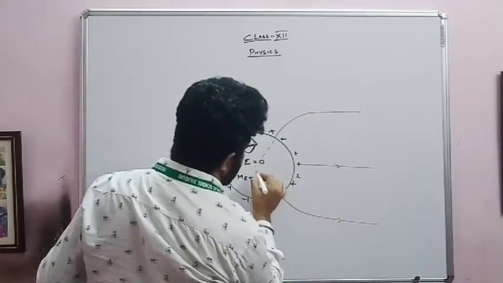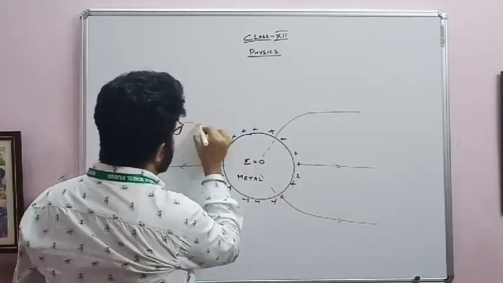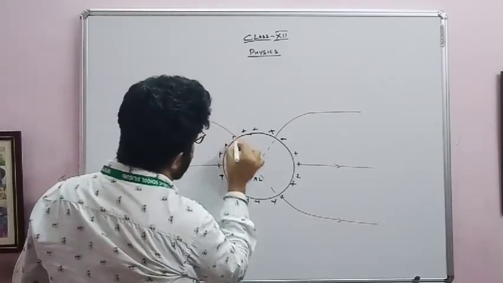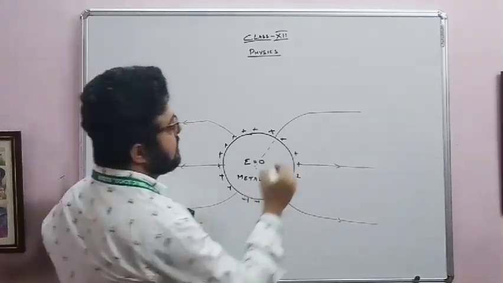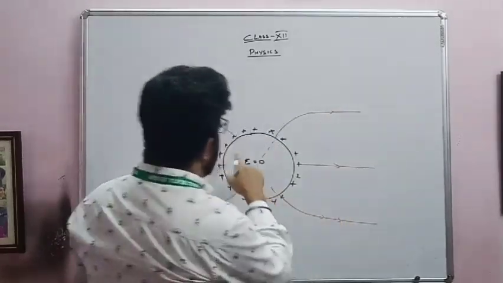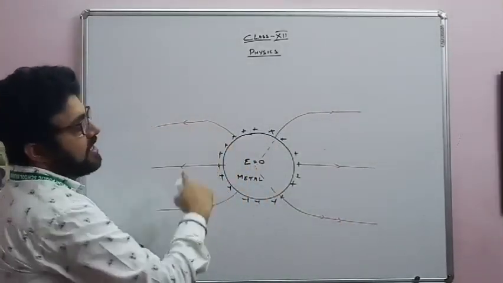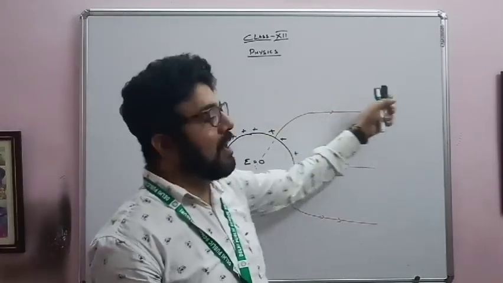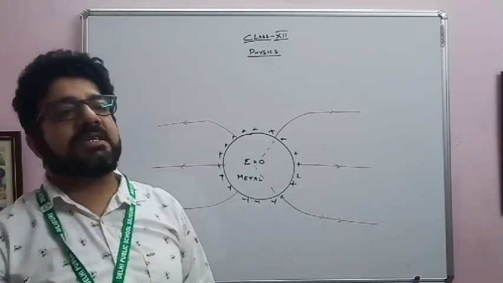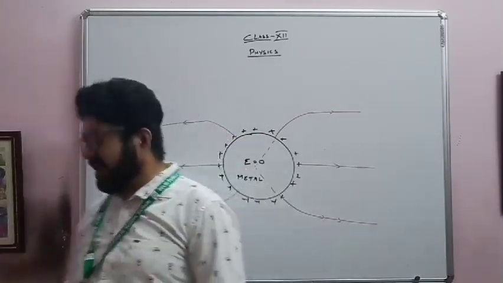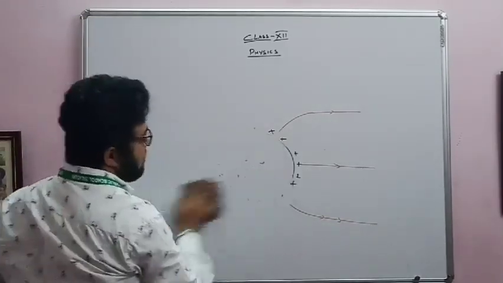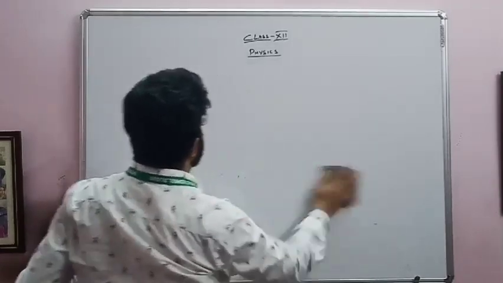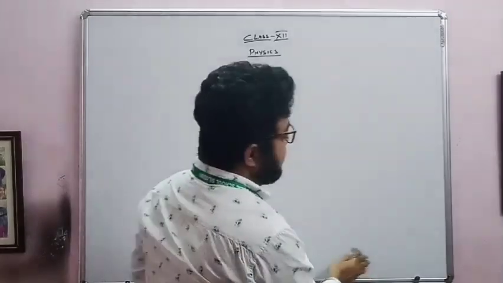That means it will be entering or leaving normally, and as it is positive, the direction is away, meaning outward. So these are the properties of electric field lines, which are very, very important, and these are coming soon in your board exam.